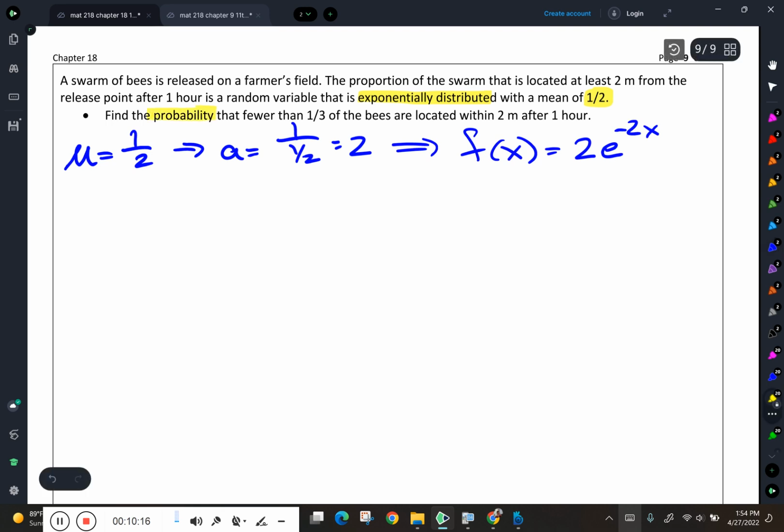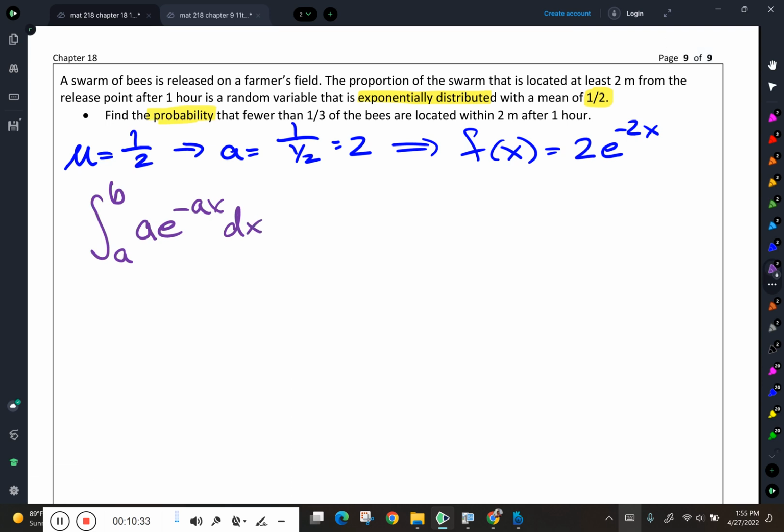Now if I'm trying to find a probability, that means I'm doing an integral. An integral from somewhere to somewhere of, in this case, a e to the negative ax dx, right? I just need to know values for my limits.